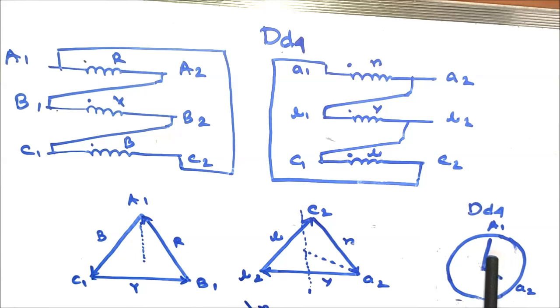So the HV side winding is delta connected and the LV side winding is again delta connected, but as the LV side winding induced EMF is lagging that of the HV side winding induced EMF by 120 degrees, that is why it is called Dd4.